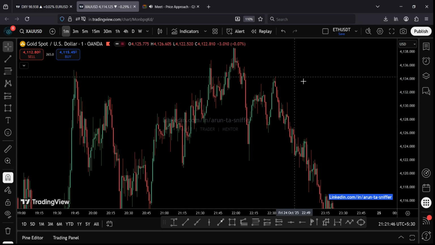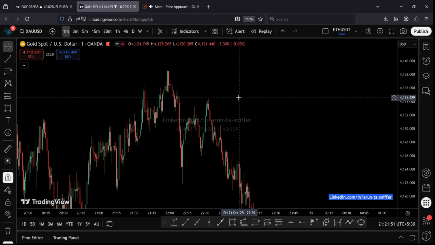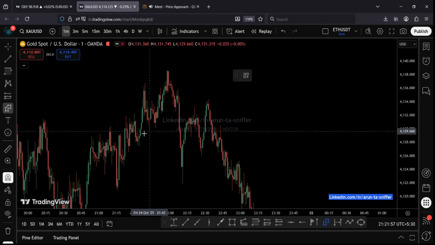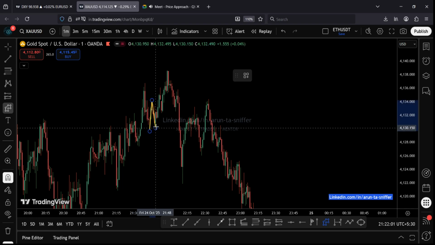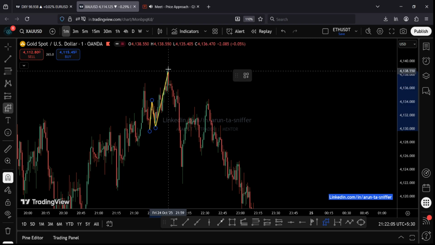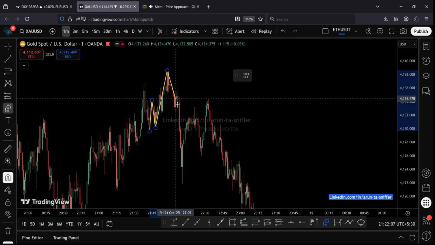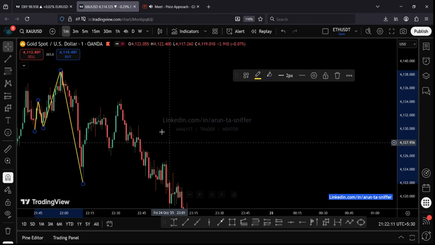If we look at this one, price makes a high, makes low, higher high, lower low, right?